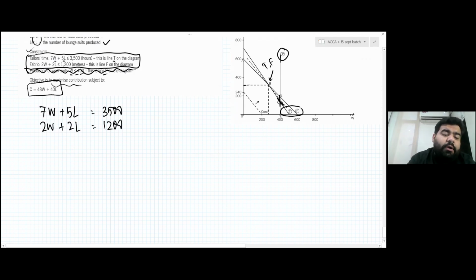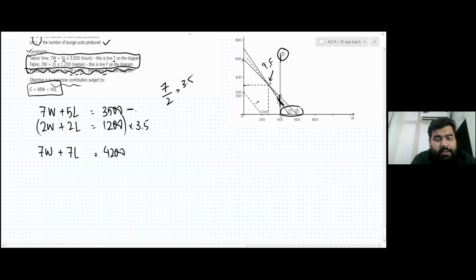If you want to make the number of W the same, just take the bigger value, 7 divided by 2, which is 3.5. This means if we multiply this equation by 3.5, we can make the W value the same. So 2 into 3.5 will be 7W plus 7L is equal to 3.5 into 1200, which is 4200. This is equation 1, and this is equation 2.